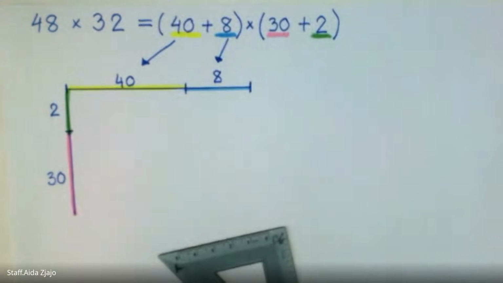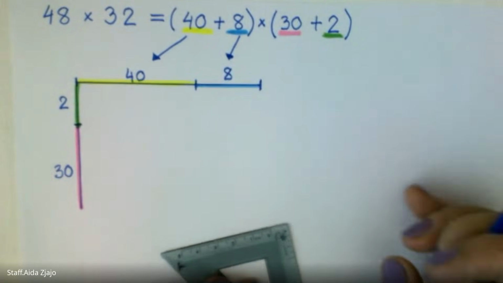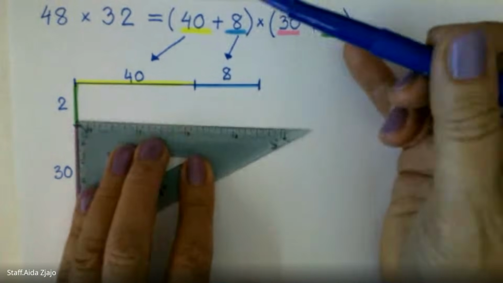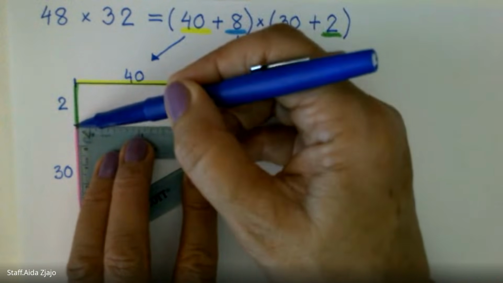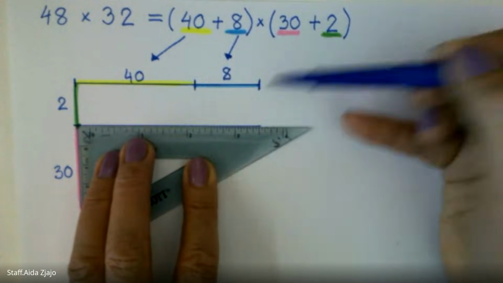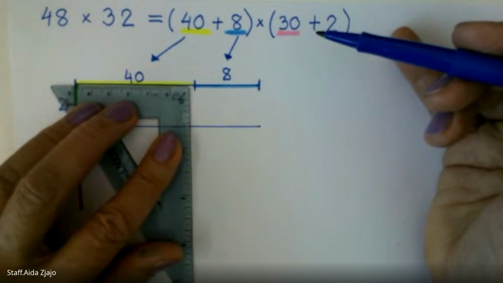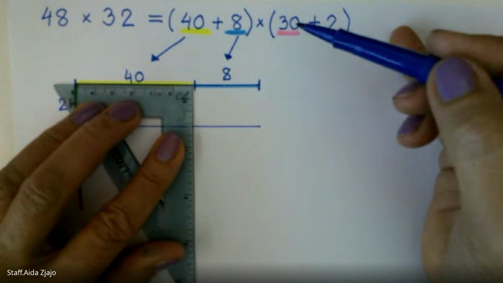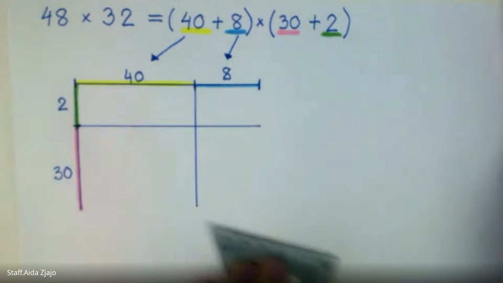All right. So I have my areas there, and I need to create them. Sorry, I'm going to now create those areas. So I'm going to draw a line between 30 and 2, and I'm going to make a line between 40 and 8. A perpendicular line will give you the best precision.